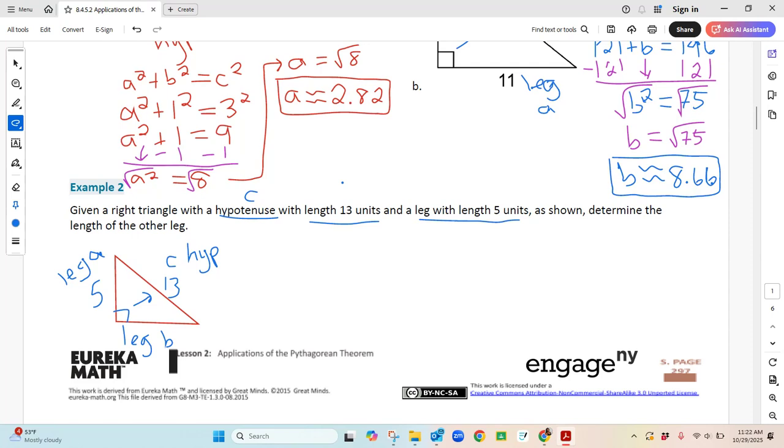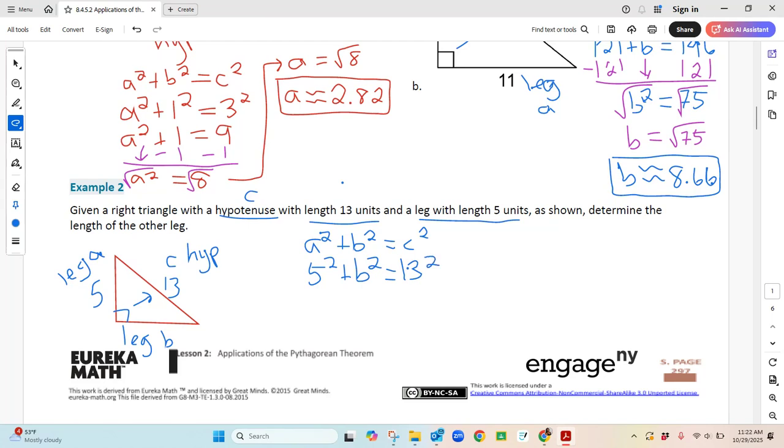Okay, let's do it. Same thing as before. Remember, you can always pause this video to go back and see what you're missing. First, Pythagorean Theorem. Then substitute. Leg A is 5. We don't know leg B. And C is 13.